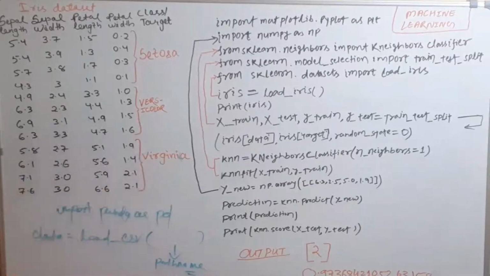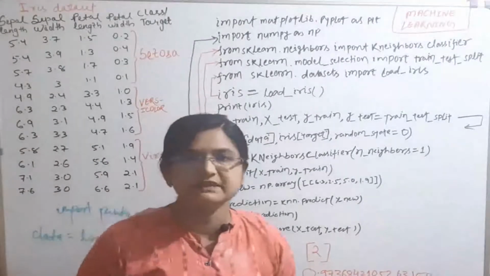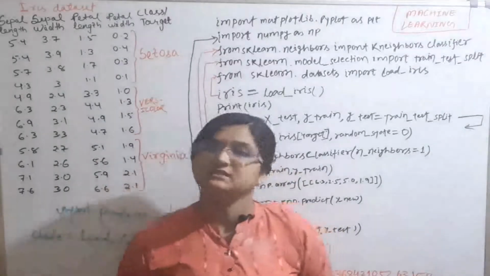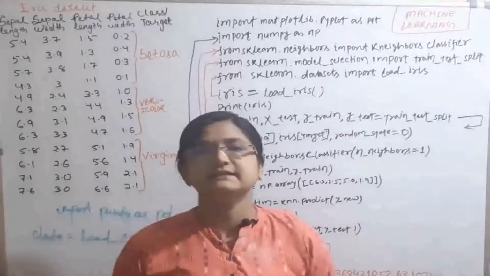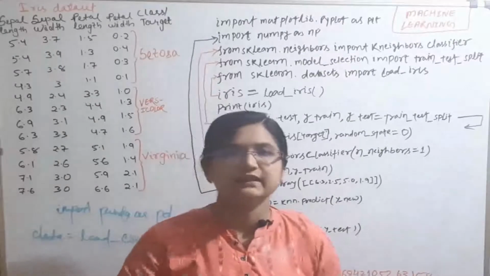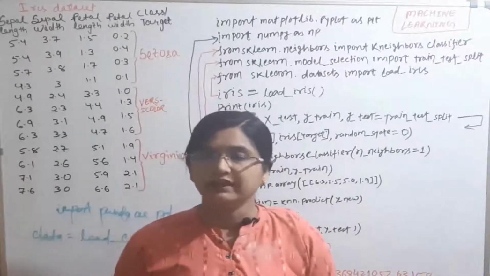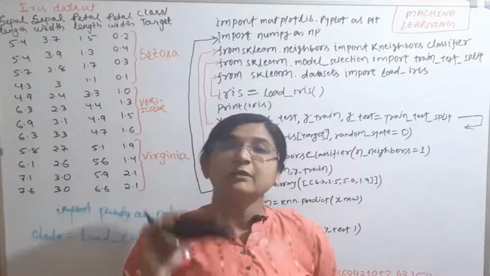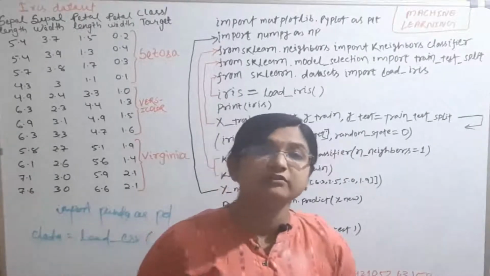So the first method I am telling is for when I have my dataset in my system. Suppose my dataset is stored in a folder in the C drive, D drive or E drive. In this case we have to use the pandas library of Python.